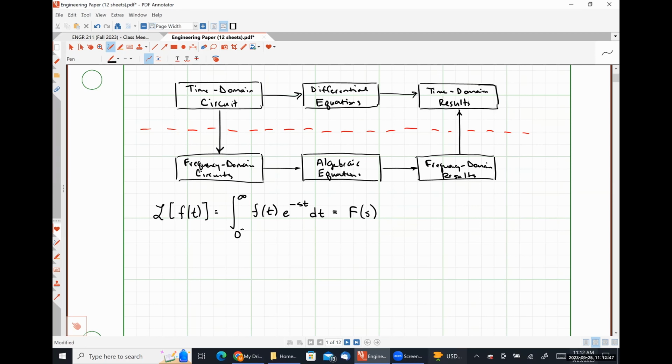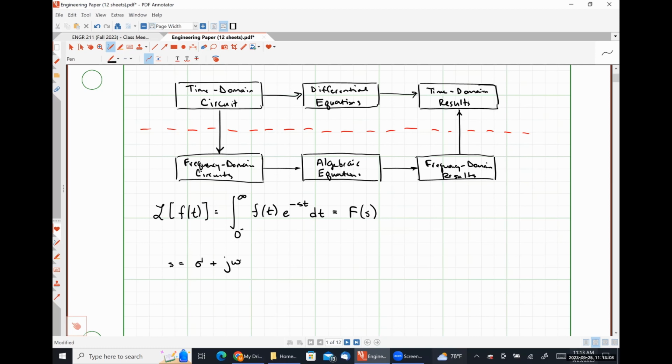So let's talk about this guy s here. s is the complex frequency, and it is defined as sigma plus j omega.